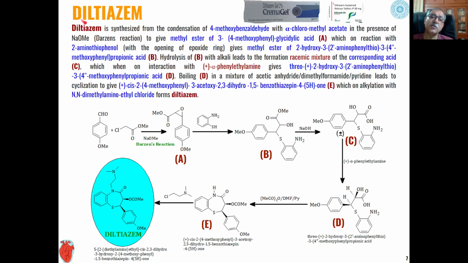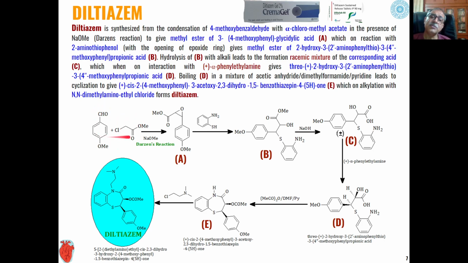Then another commonly used cardiovascular drug is diltiazem, and this diltiazem is basically a derivative of 1,5-benzothiazepine, a heterocyclic compound. Diltiazem is synthesized from the condensation of 4-methoxybenzaldehyde with alpha-chloromethyl acetate.